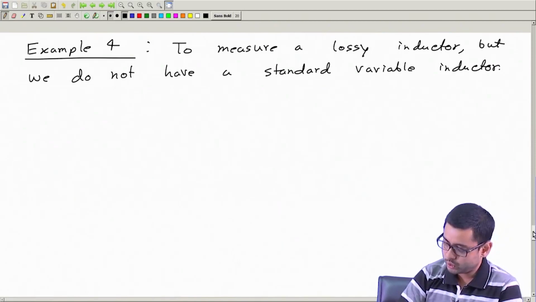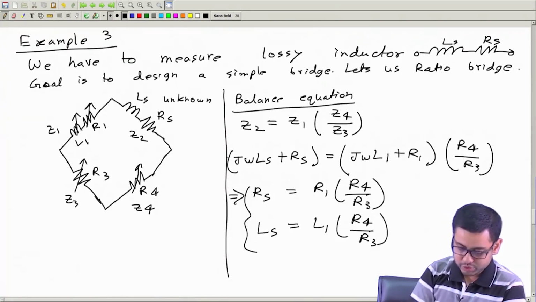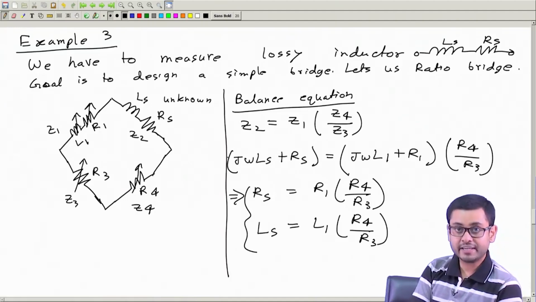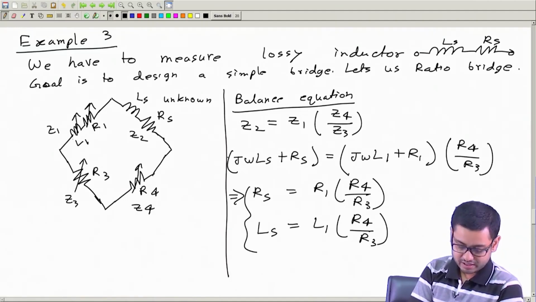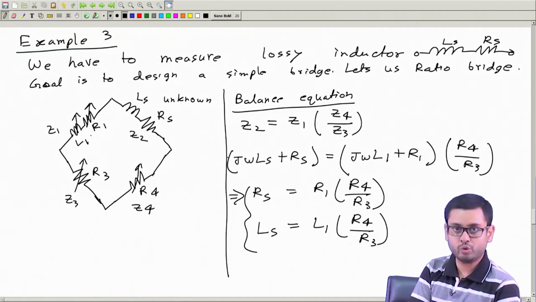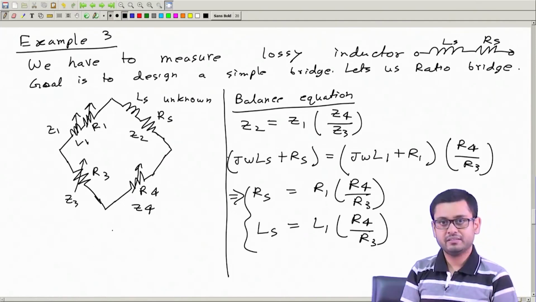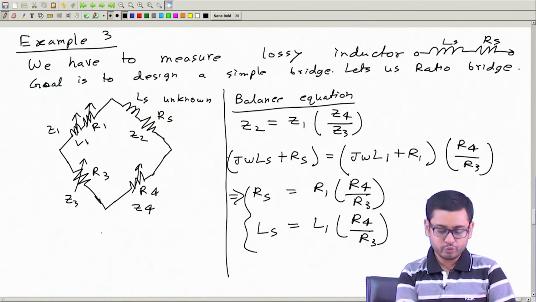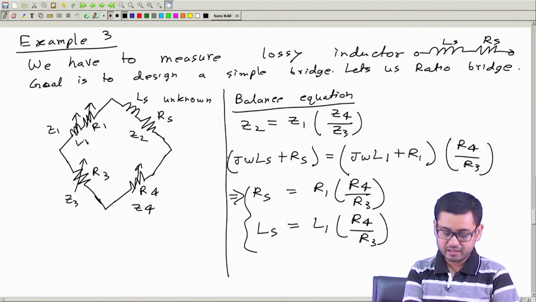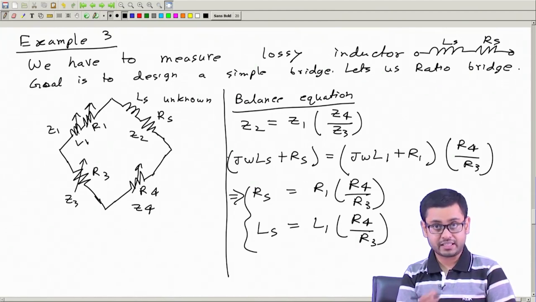Okay. So in the previous problem we used a variable standard, meaning known, inductor. So L1 R1 was known and variable that was used. Now we put a constraint that we do not have a variable standard inductor. We do not have it in the lab. How do we do it?